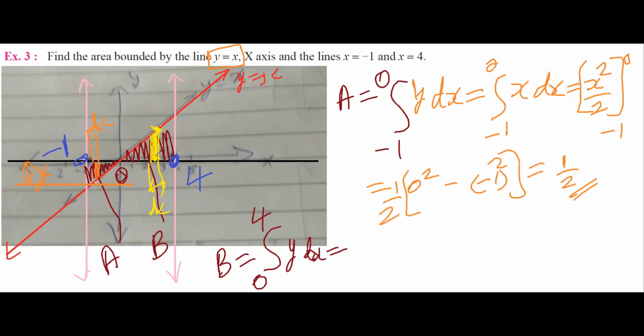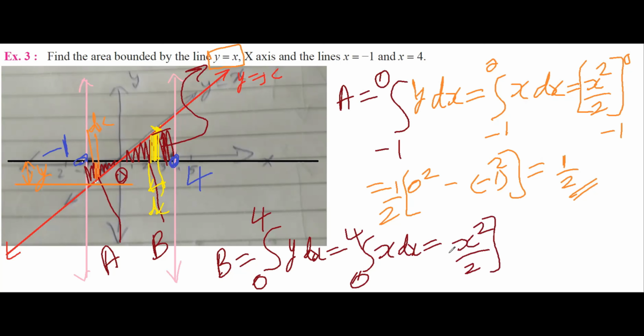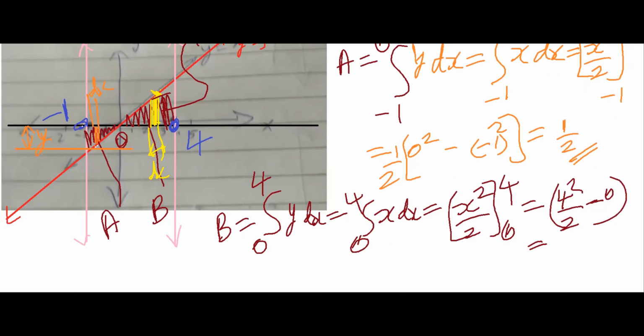This y is x, so you write the integral from 0 to 4 of x dx. Integration of x is x square by 2, from 0 to 4. The upper limit gives 4 square by 2 minus 0. 4 fours are 16, 16 divided by 2 is 8. So this is your 8.